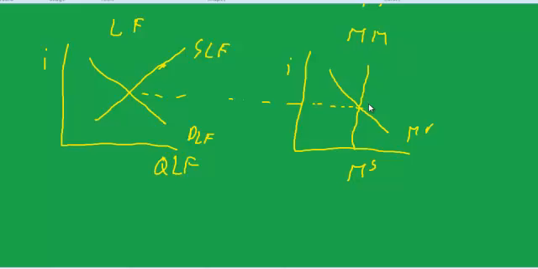Okay, I just want to show one more change, which would be an expansionary monetary policy. We would start that in the money market diagram. We'll expand the money supply, shifting it to the right again. That causes the interest rate to go down. And what I want to have here is banks supplying more loanable funds.